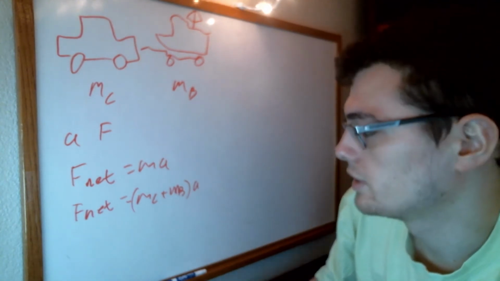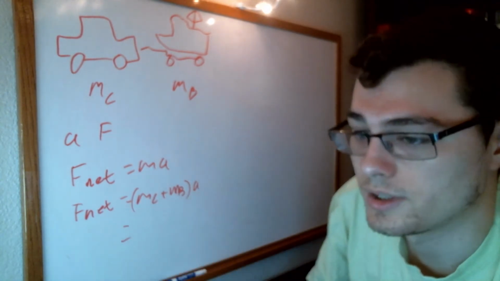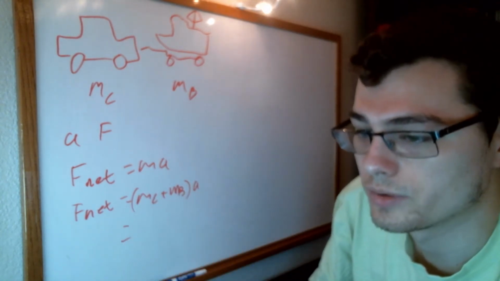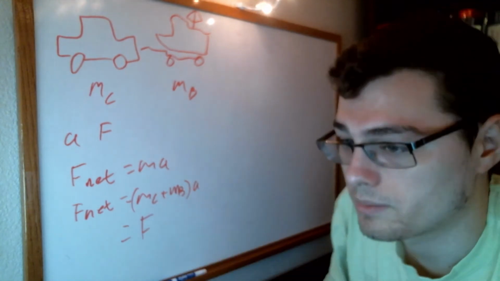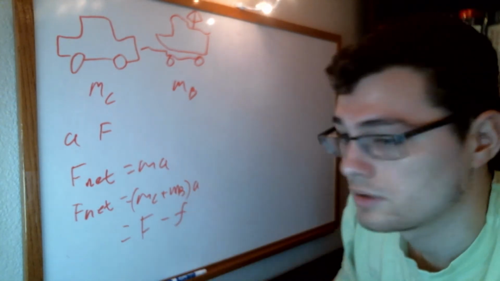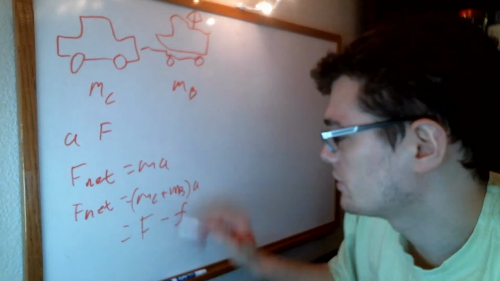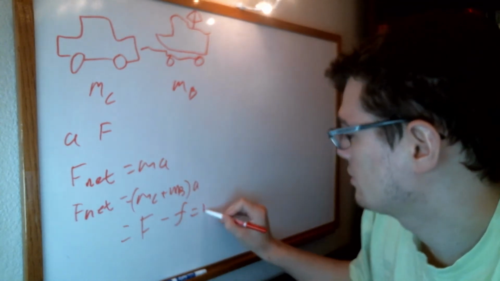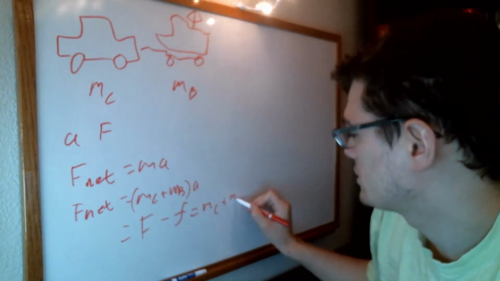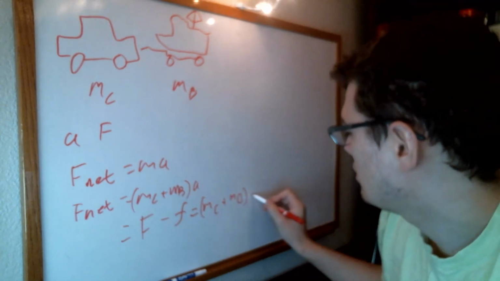And now we can write a sum of the forces of the car, boat, and trailer. So we have capital F minus little f, and then we can set these two equal to each other, mc plus mb times a.